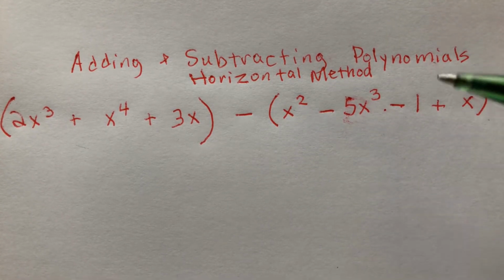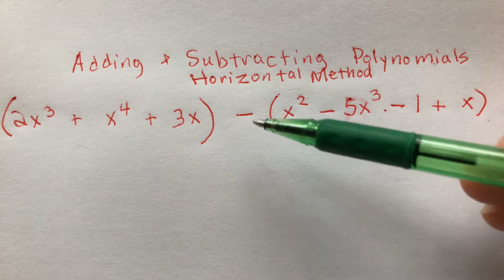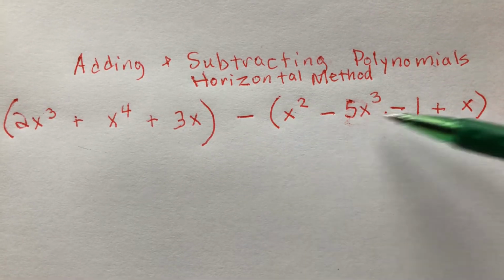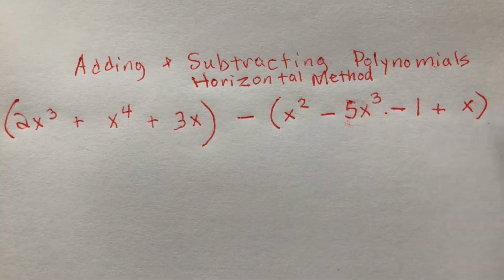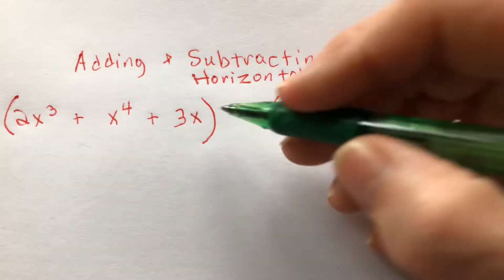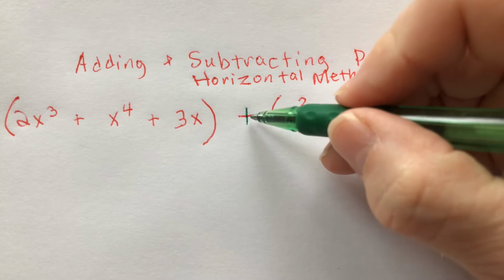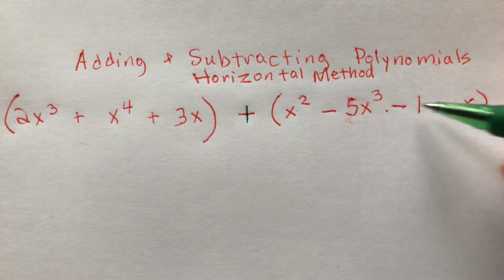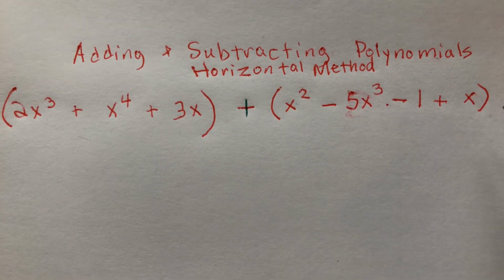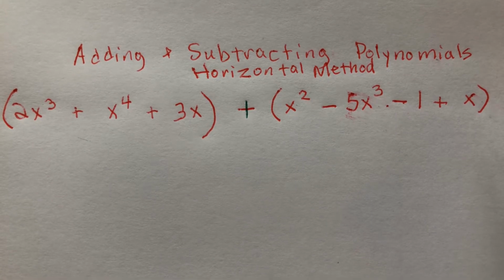Now, what I usually suggest that you do with subtracting is go ahead and change the signs of everything in here. So I'm going to make this a positive, and what I'm really doing when I subtract it is multiplying everything in here by -1, which means that I'm changing the sign of everything in there.